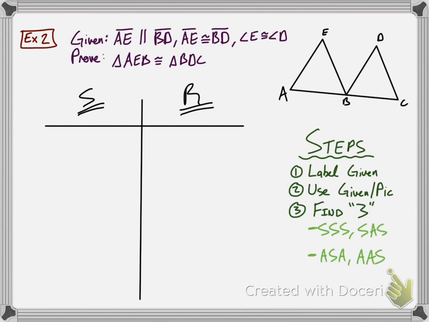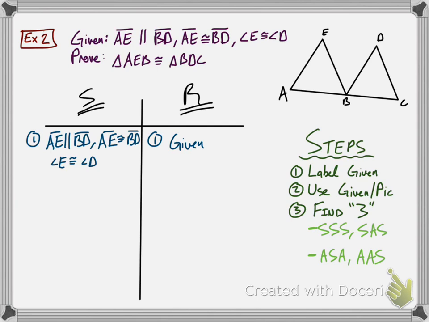For example 2, we have a lot of given here. It says that AE is parallel to BD. We also have that AE is congruent to BD, and angle E is congruent to angle D. So we're going to add that information into our picture.